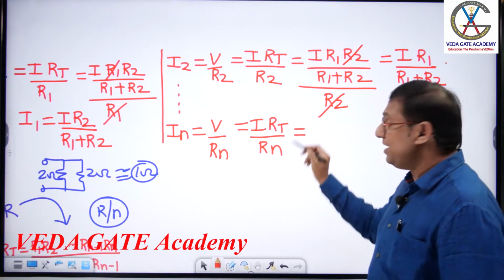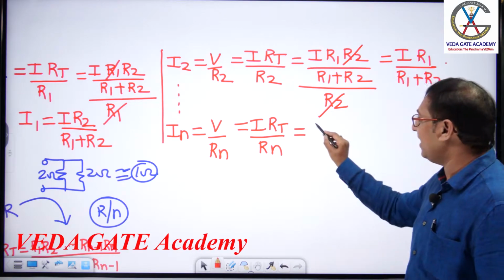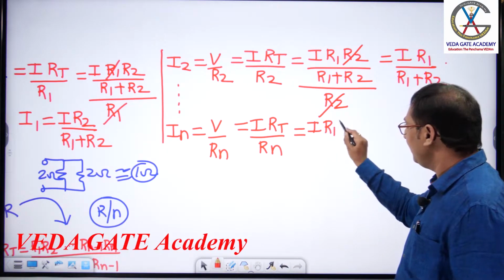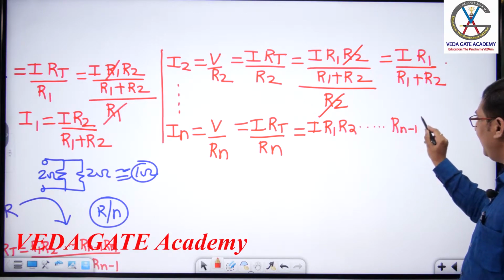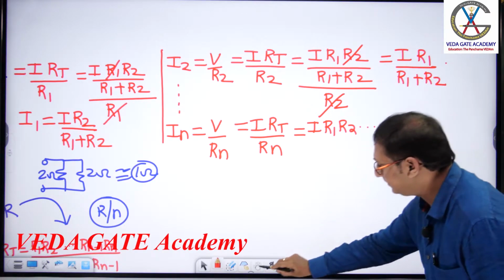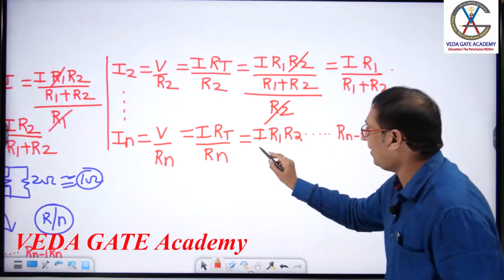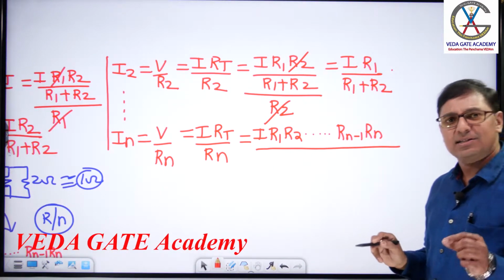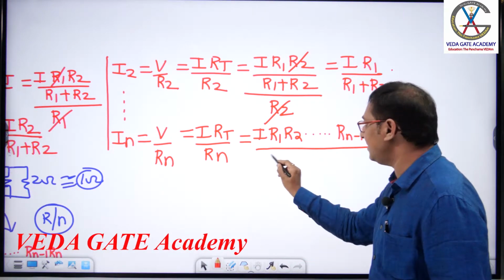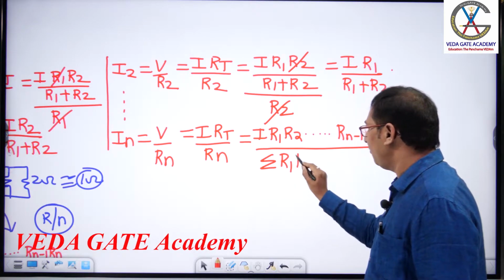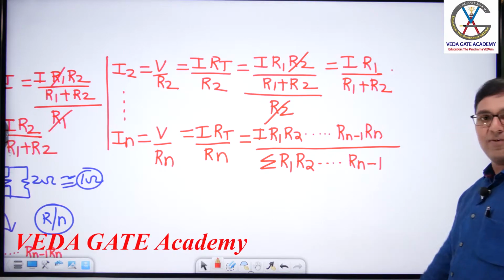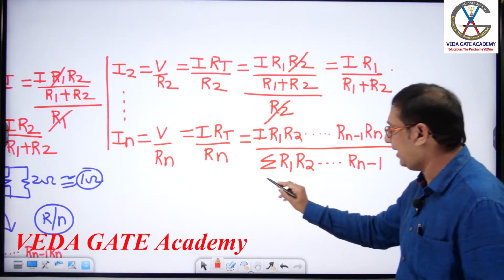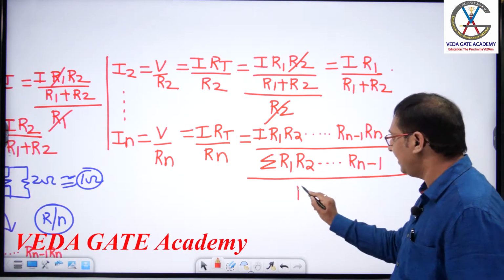What is RT when n resistors are connected in parallel? R1, R2, so on, Rn minus 1, Rn by sum of product of n minus 1 resistors. This is what the value of RT. But what the denominator you are having, sir? Rn.